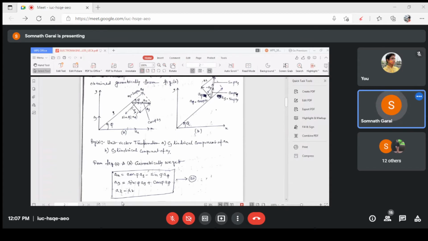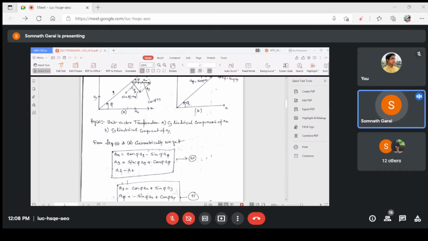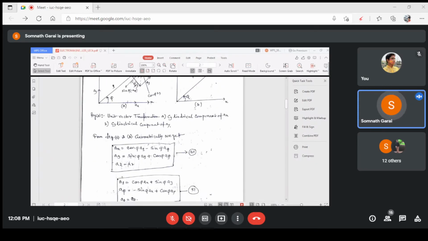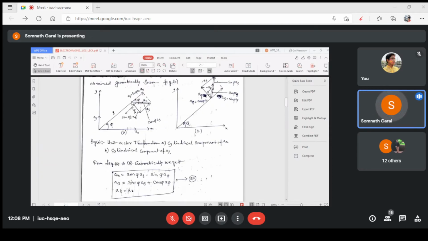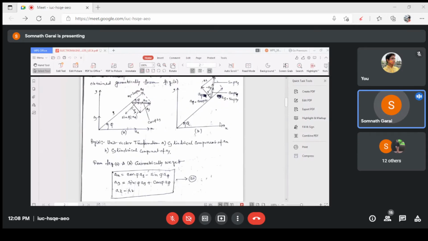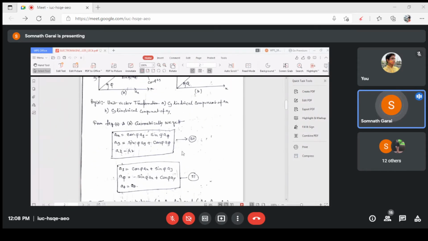Similarly, we determine a phi. The a phi, whose horizontal component is minus sin phi ax, that is minus sin phi ax, and whose vertical component is cos phi ay, and it constitutes an angle phi. So the component of the phi vector is cos phi.